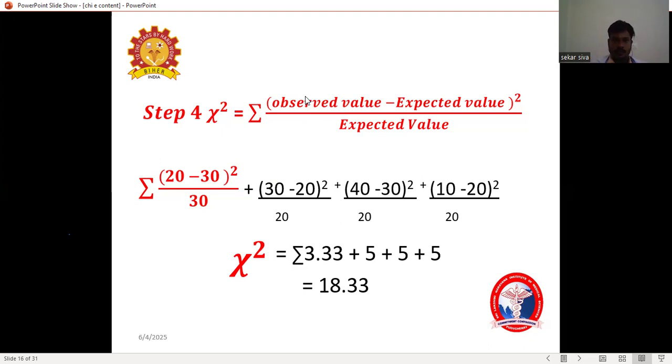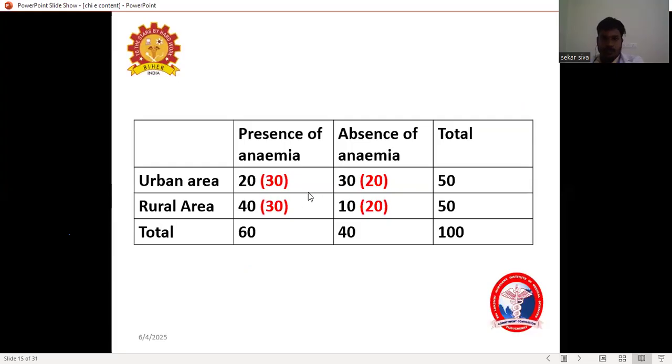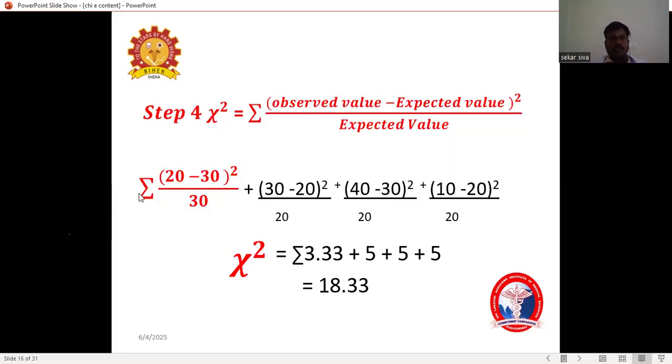These are observed values, and the expected value is 30. So for the A cell, observed is 20, expected is 30. So summation of observed value minus expected value, the whole square by expected value. Okay, this is for A cell, this is for B cell, this is for C cell, this is for D cell.